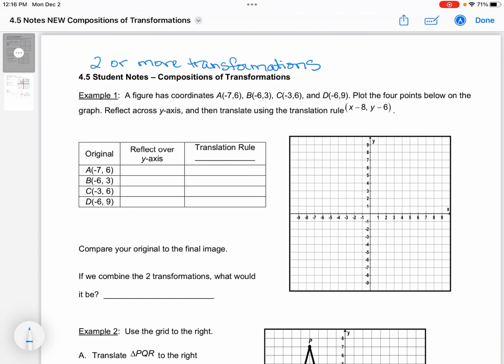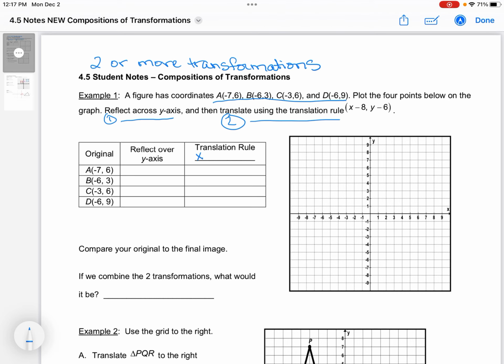So, when you see some points, first thing we're going to do is put them on the graph. We're going to reflect across y, and then we're going to translate.